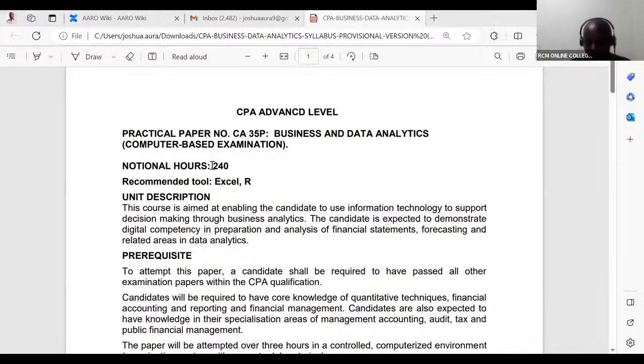And in 3 months, that translates to 70-something hours. Yet CASNEB needs you to study for 240. So if in classes here we are giving you 70 hours, who do you think will be required to put in the 170 hours?